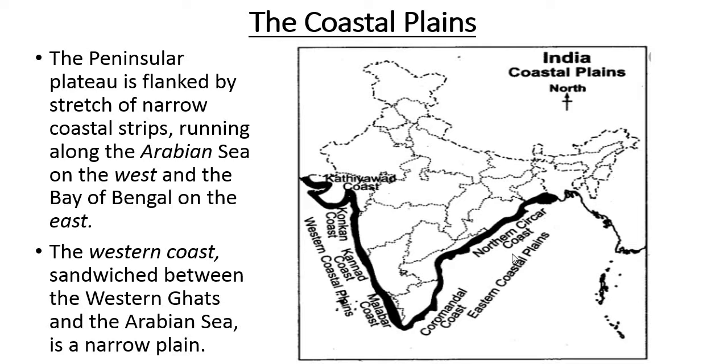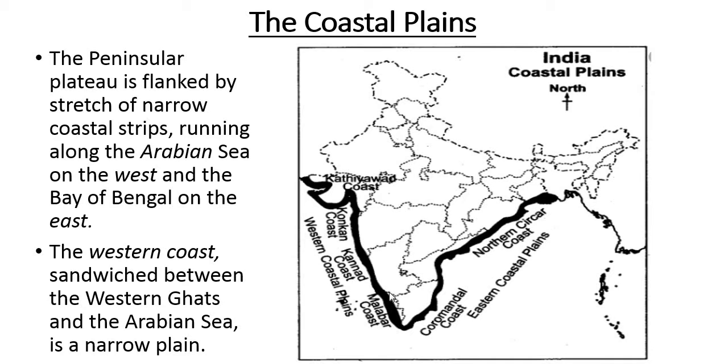This side water body is the Bay of Bengal. The western side has the Arabian Sea, and the eastern side of India has the Bay of Bengal. These coastal regions are the eastern coastal plains and western coastal plains.